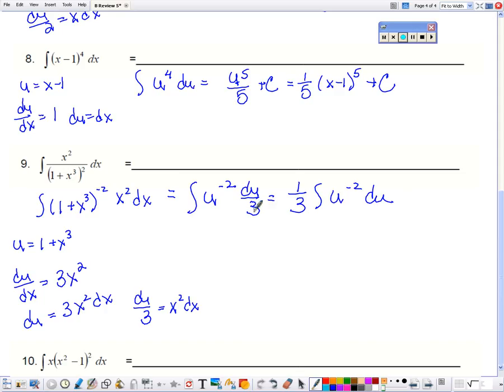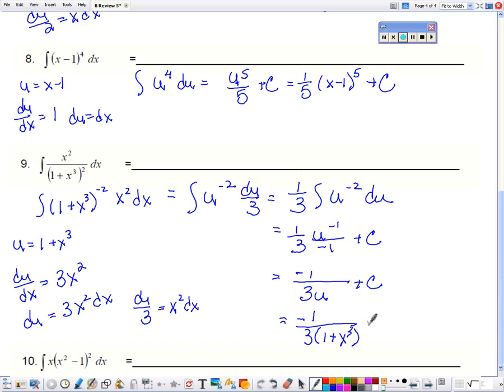Rewrite the divided by 3 as a 1/3. And we're going to simplify here. The negative exponent means move to the bottom. And then negative 1 times the 3rd is the negative 1/3. And substitute back in my u for the u term.